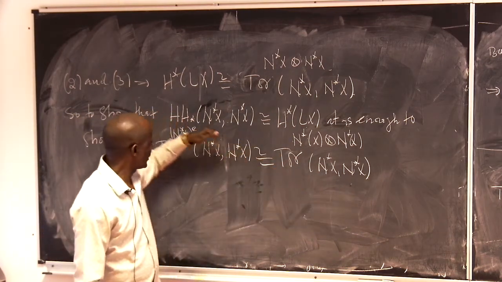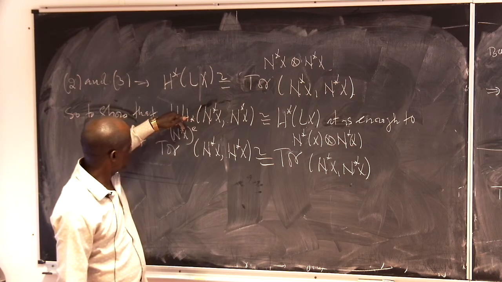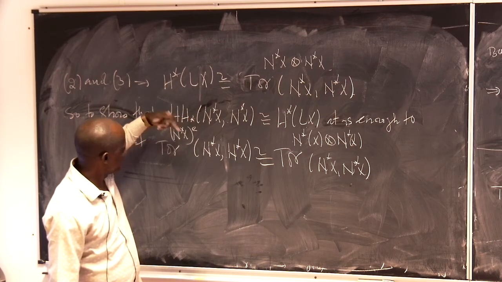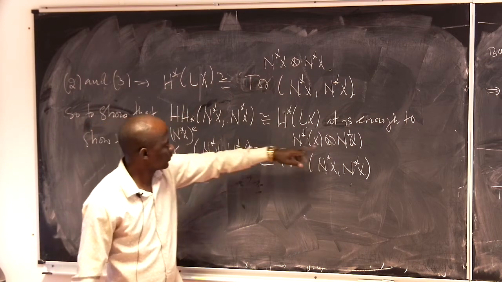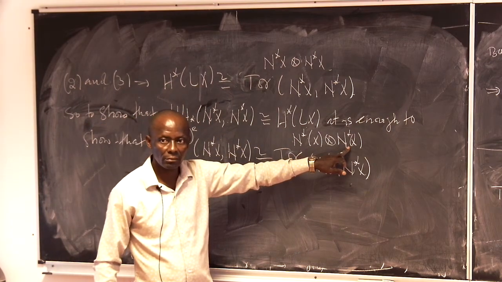So I just have to construct a map of algebra from this to that, an isomorphism.